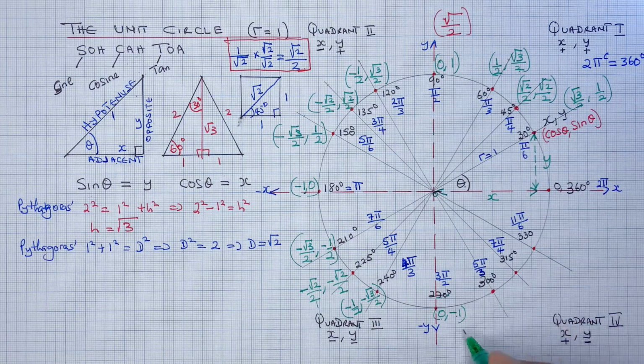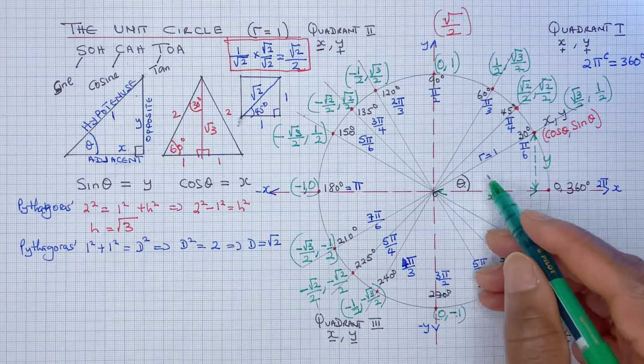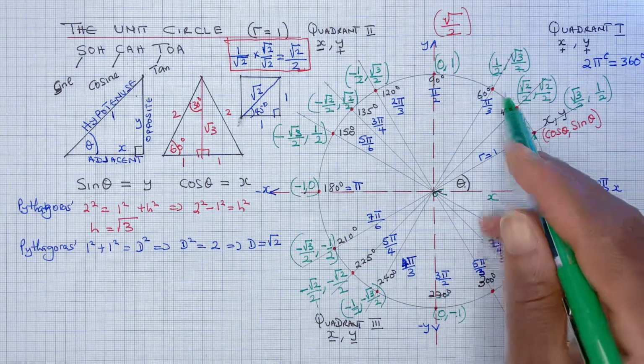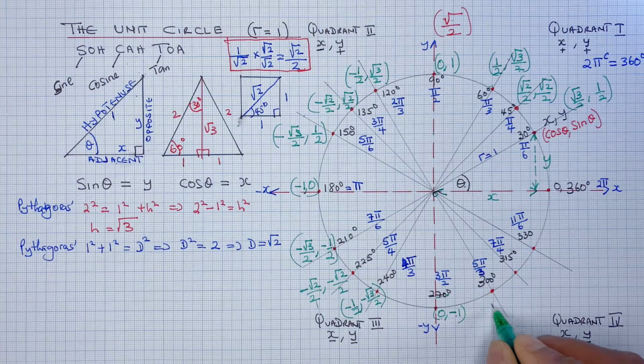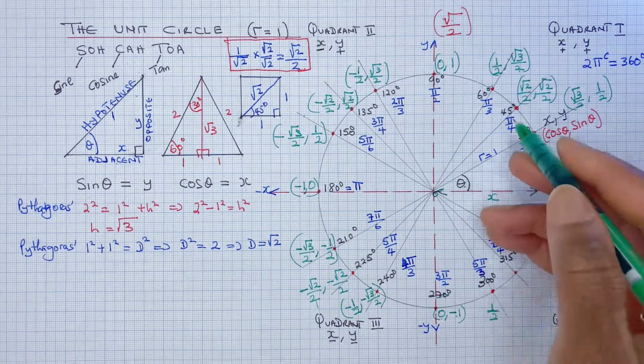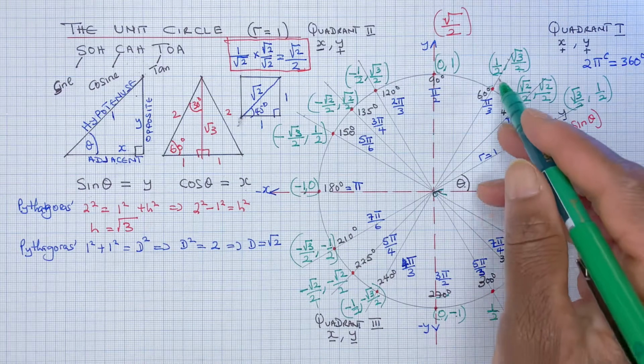Now, all here the Y will be negative, but X will be the same because X is the same for that, see? So this is going to be a half because it's the same for that. 60 and 300 are aligned.